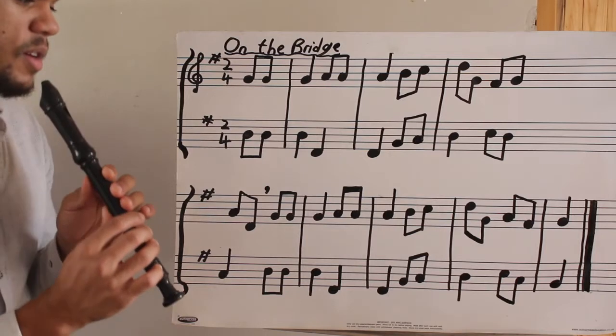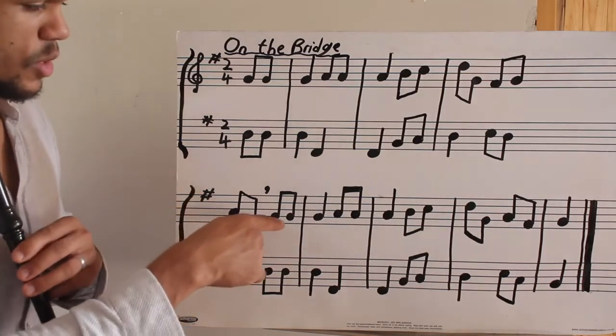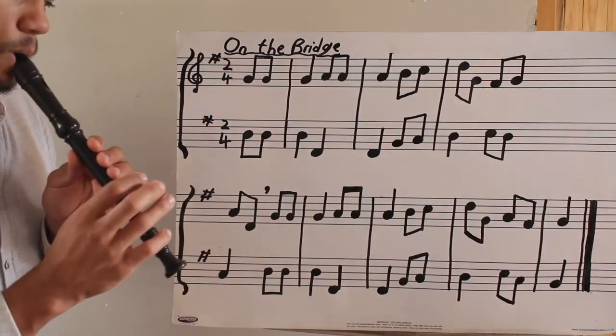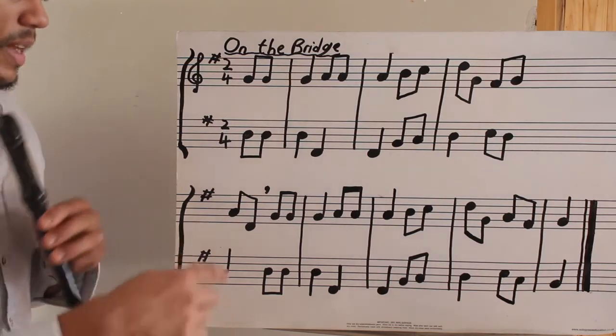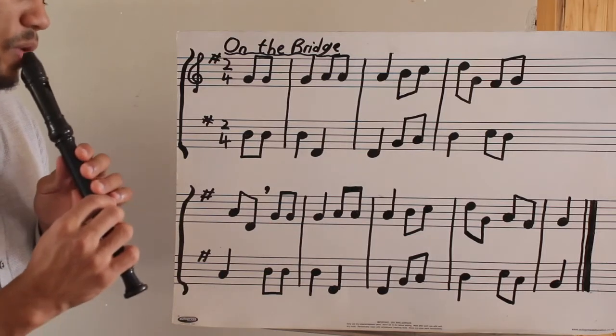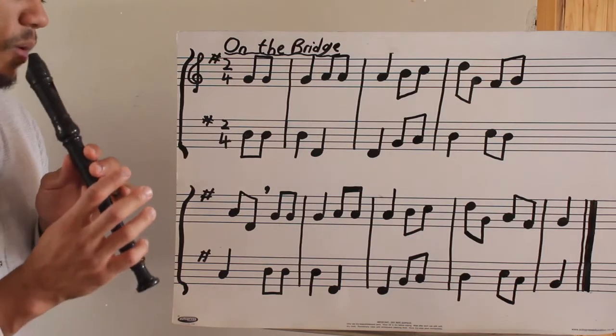Again. And then taking it to 2 G's. Let's go for it. Those 2 G's. 1, 2. Let's take it from A to D to those 2 G's. 1, 2. Go.